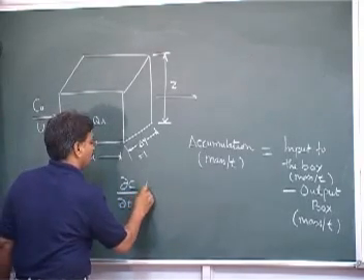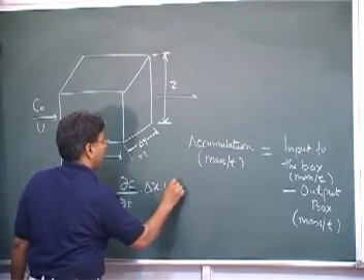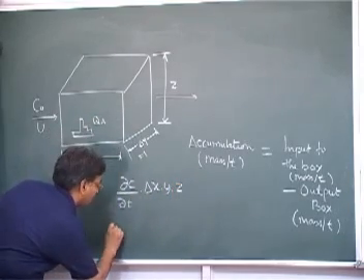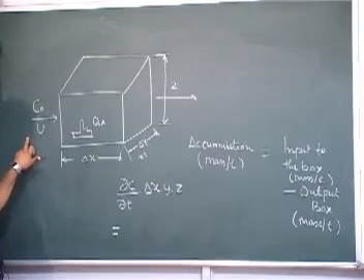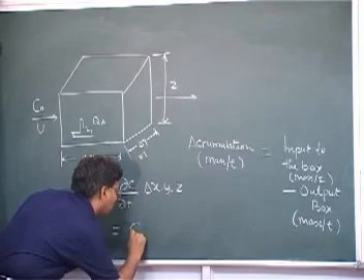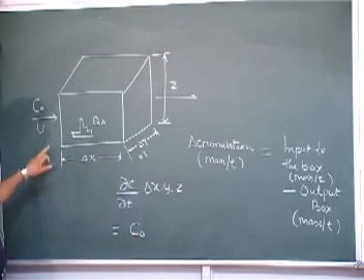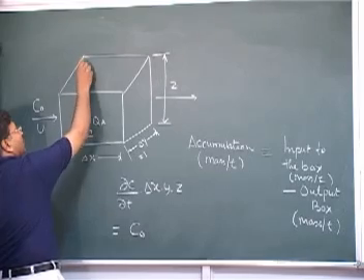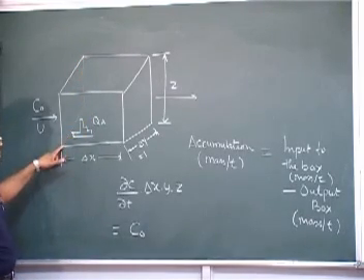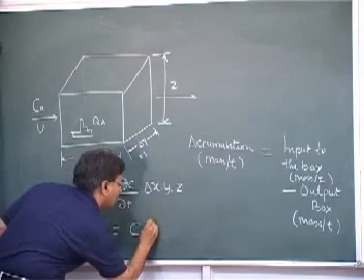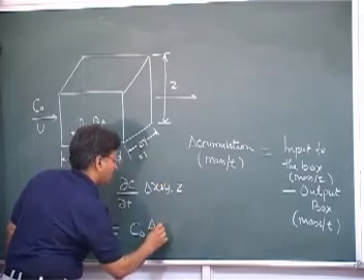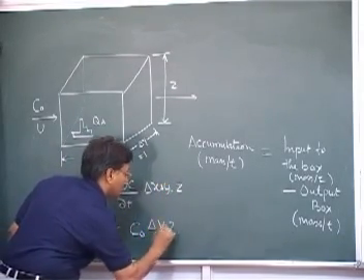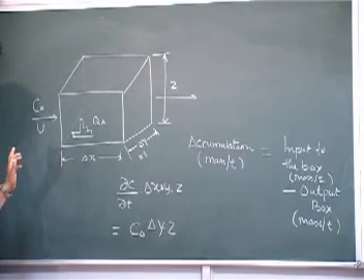So delta x times y times z equals the input to the box. One input will be concentration C naught times the cross sectional area, that is delta y times z, times wind speed.